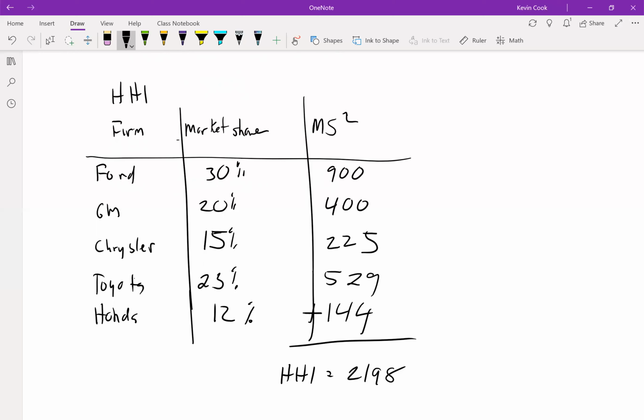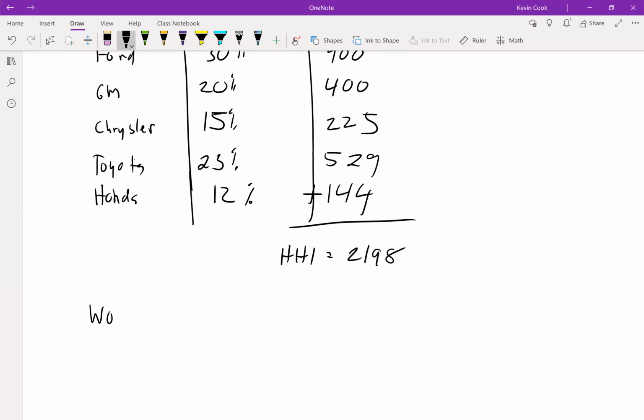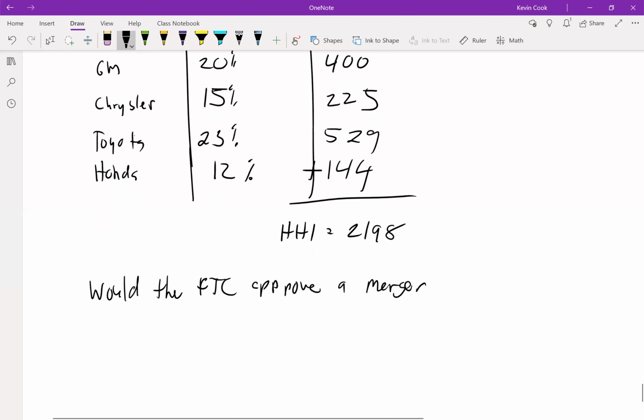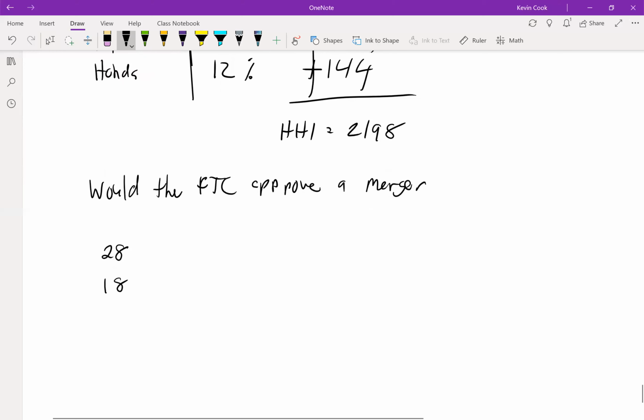So then we say, well, what if we look and say, would the Federal Trade Commission approve a merger in the following scenario? Say we have a firm that has 28%, 18%, 11%.